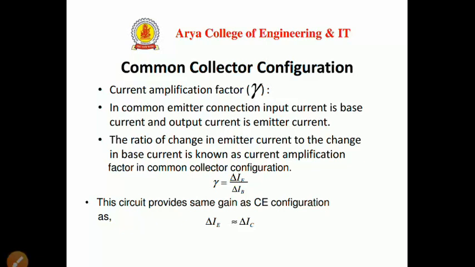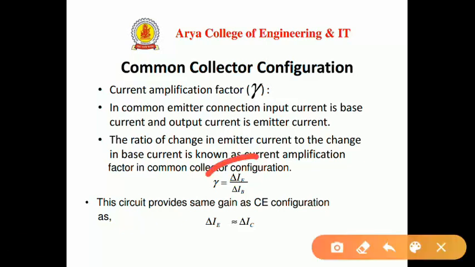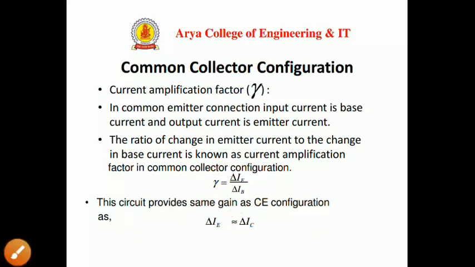So gamma equals del IE upon del IB, that is the ratio of change in emitter current upon change in base current. Clear? So this circuit provides the same gain as CE configuration. Then del IE is almost equal to del IC.